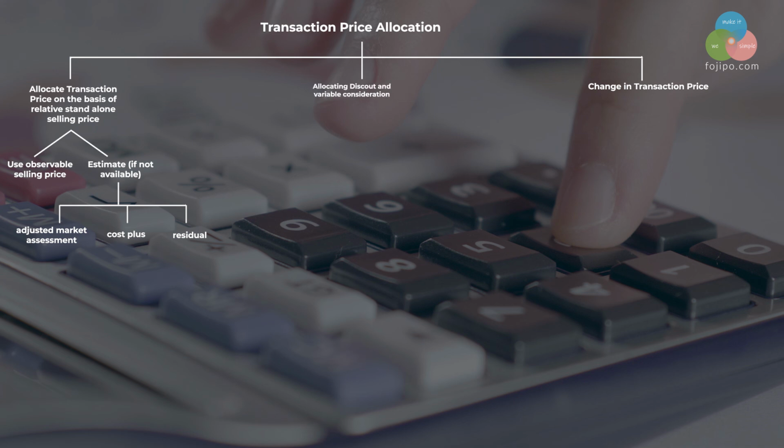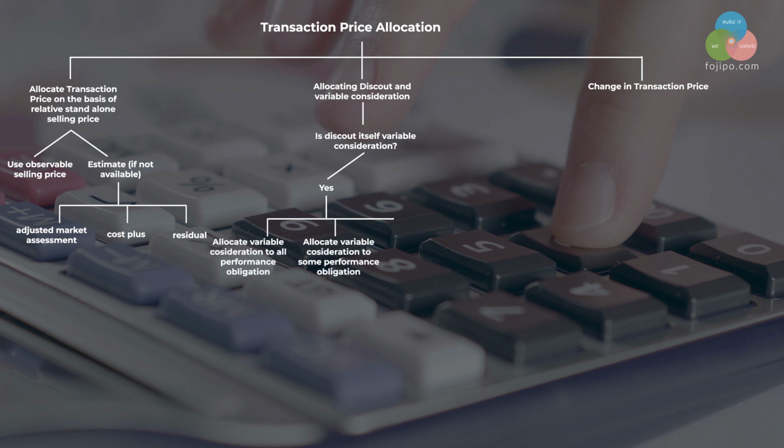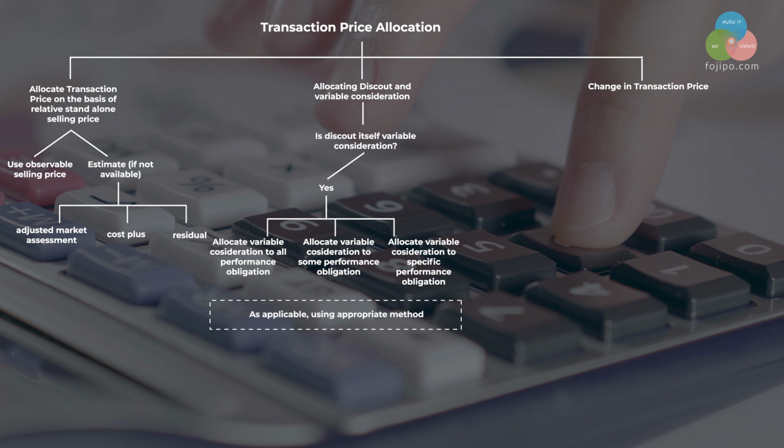With regard to discount and variable consideration, first decide if the discount itself is a variable consideration, and if it is, then the discount will be treated as variable consideration, and you should allocate this to either all performance obligations or some of the performance obligations or to a specific performance obligation as applicable, using an appropriate method.